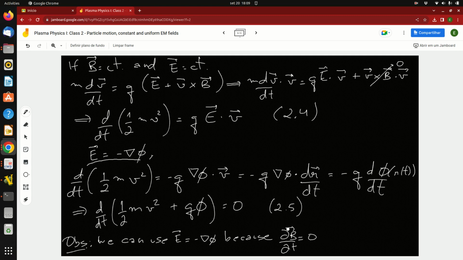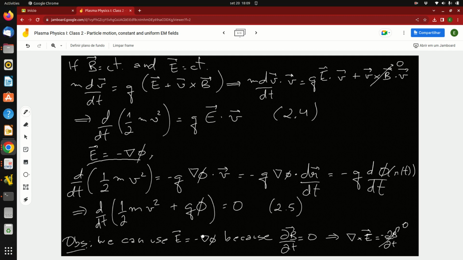So if we had used a non-constant magnetic field, then we wouldn't have this relation. This implies that this is right. So the curl of E has to be 0 if you have a constant magnetic field.